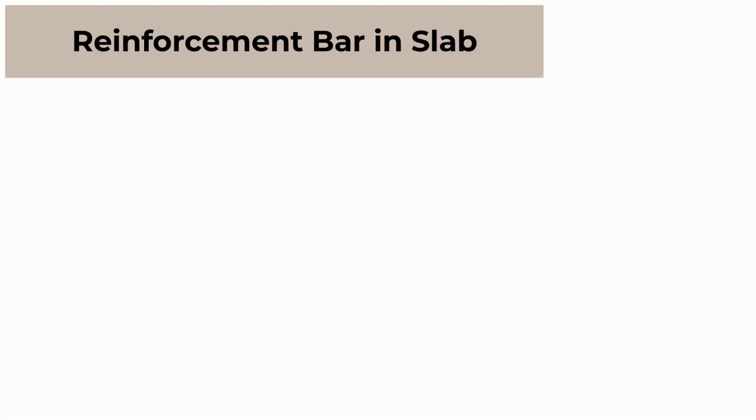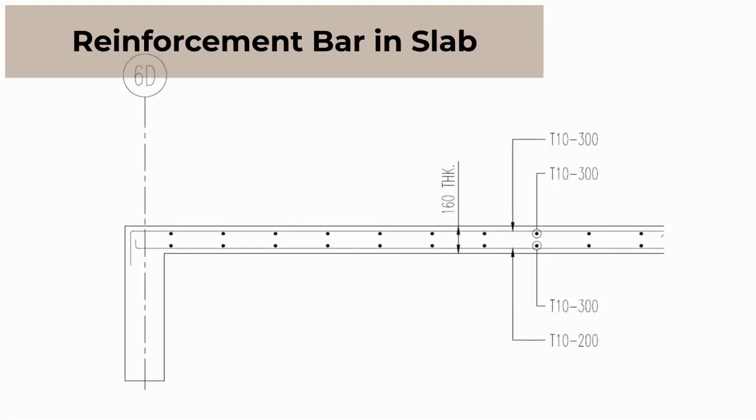Example of reinforcement bar in slab. The thickness of this slab is 160 mm. T10-300 for top rebar denotes 10 mm diameter high tensile reinforcement bar at 300 mm spacing. T10-300 for top distribution bar denotes 10 mm diameter high tensile reinforcement bar at 300 mm spacing.